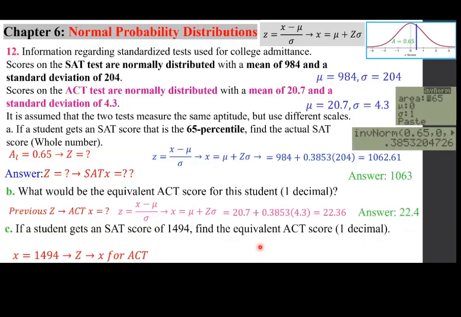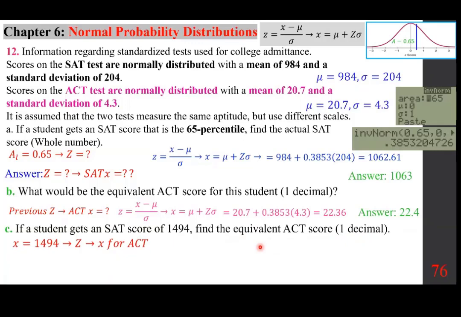If a student gets an SAT of 1494, find the equivalent ACT score with 1 decimal. So from x, we need to go to z, and then from z, we go to x for the second group. For the SAT score, we have the x value. We need to figure out the z-score. z is x minus mu over sigma. Here's x, and we use this information, because those are the information pertaining to SAT. So the z-score becomes 2.5.